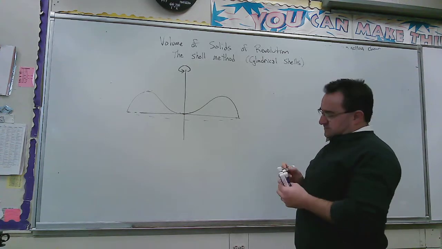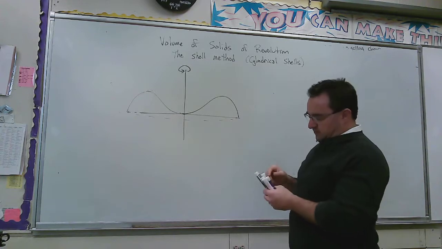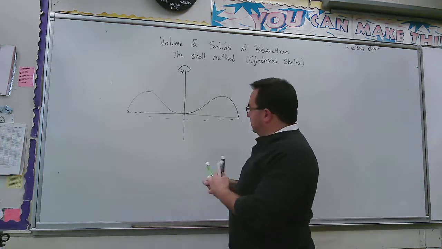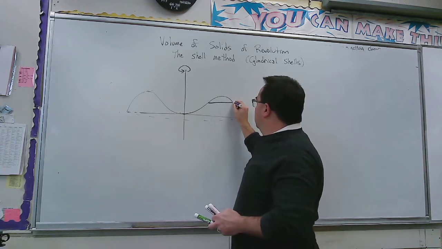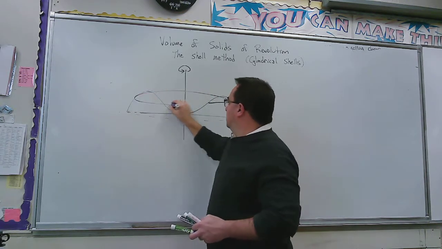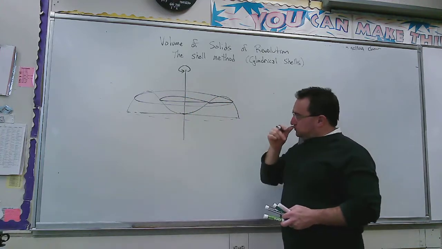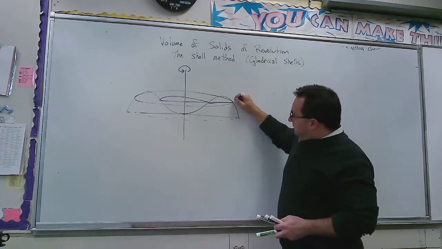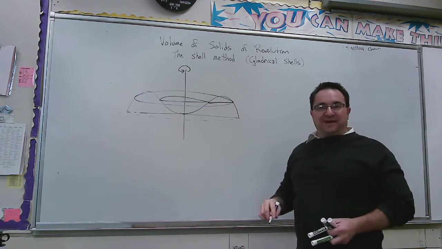Now, if we did the discs and washers, we would run into a problem. If we drew one, notice how the same curve is both the outer and the inner radius.